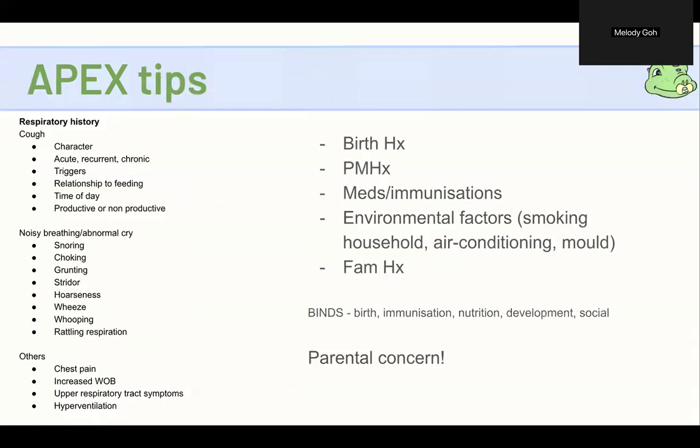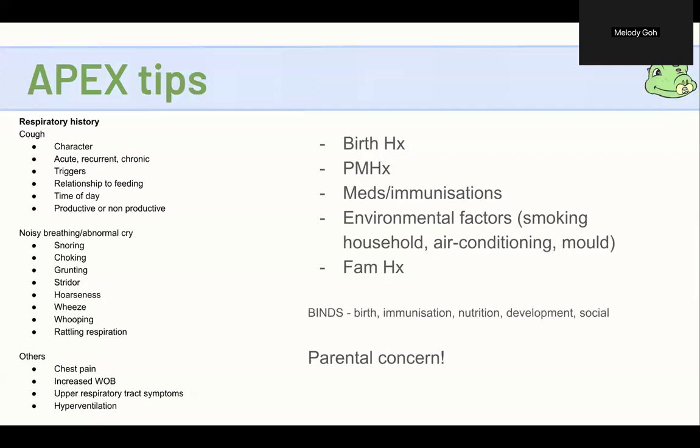And then just in general, any general Apex History Plus tips for a PEDS station for respiratory. So again, the cough, looking more into the character, any triggers, is it related to feeding times or time of day? Is it productive or non-productive? Any signs of infection? Noisy breathing or abnormal cry?